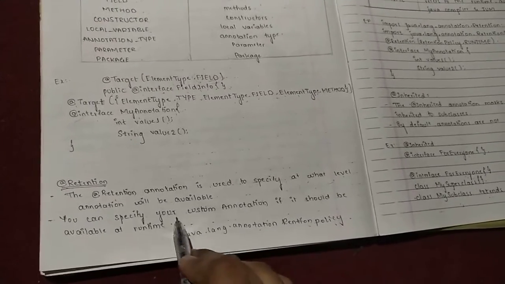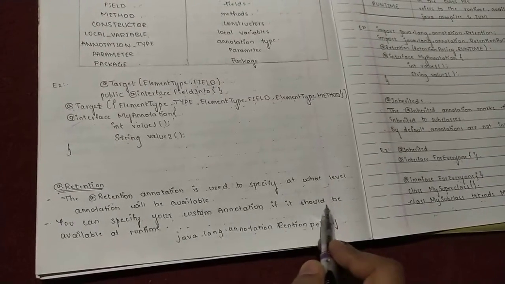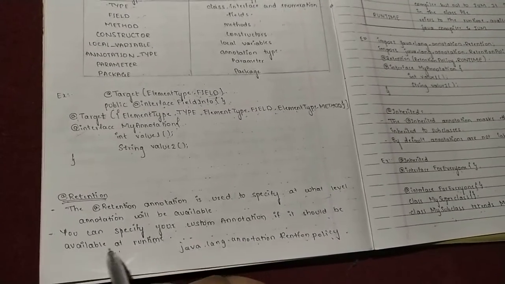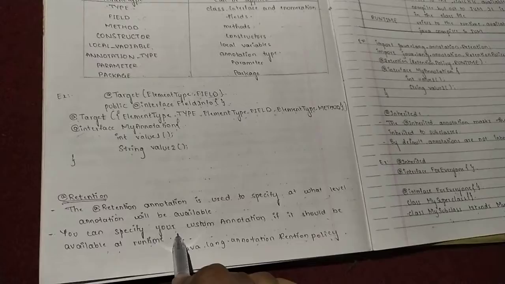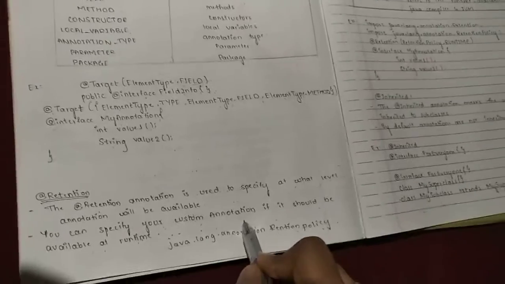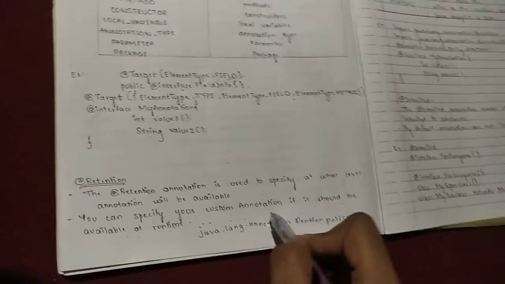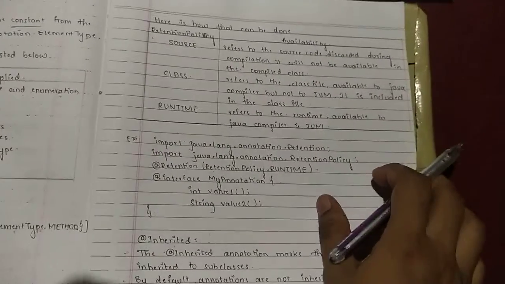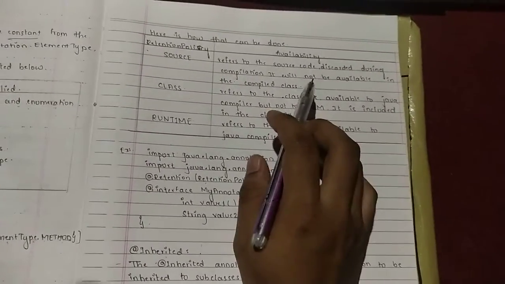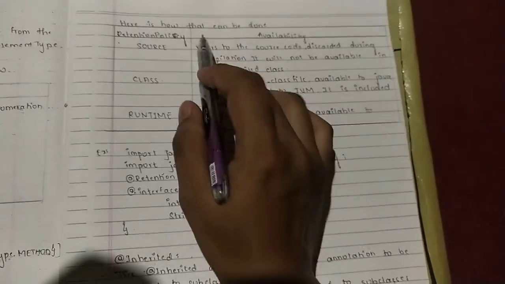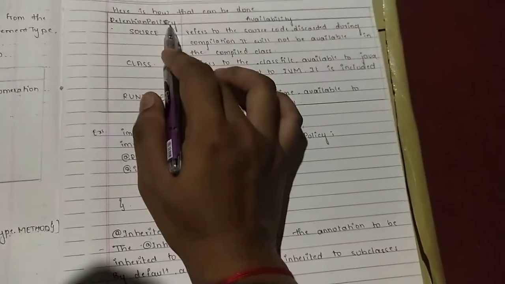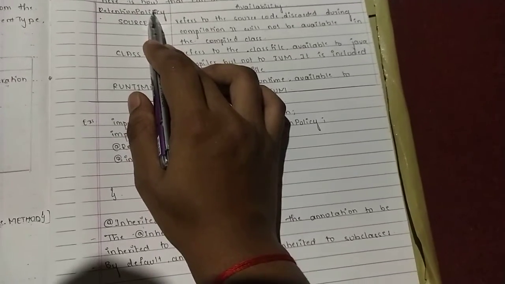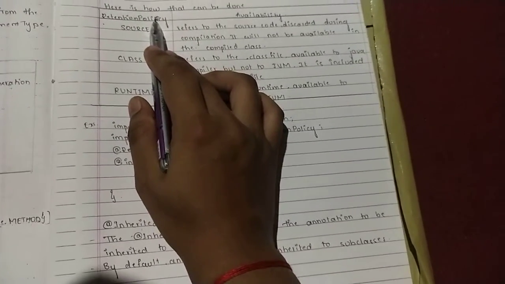You can specify whether your custom annotation should be available at runtime. We can do so by annotating your annotation definition with the @Retention annotation. Here is how that can be done, using RetentionPolicy.